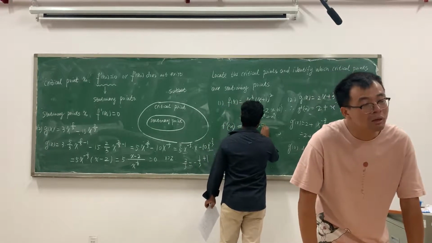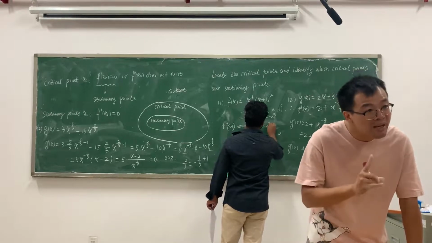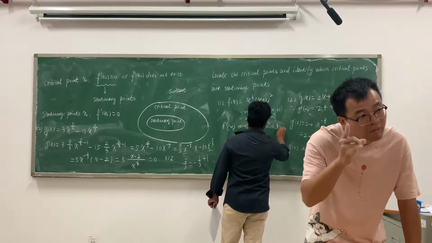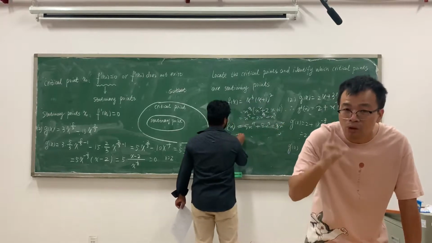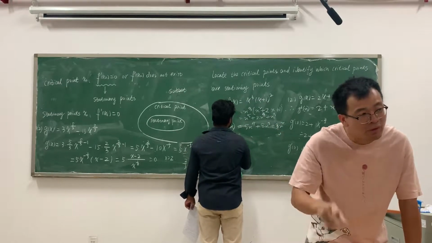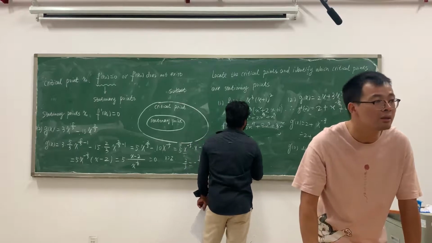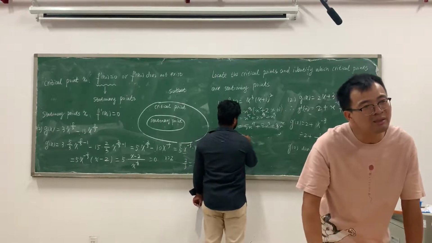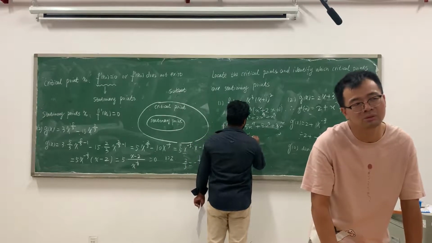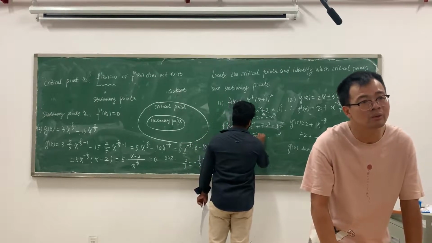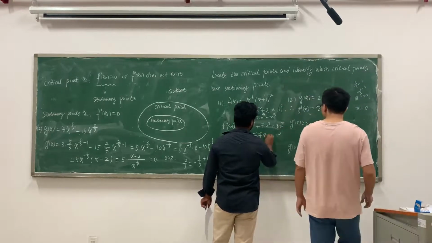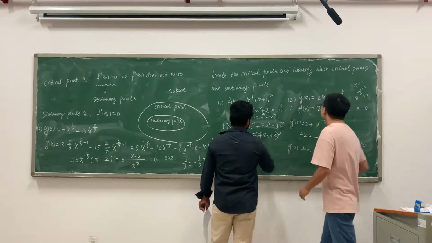The basis is I give you a function, you can compute the derivative. This is important, but most of you cannot get the right answer. Sometimes you can, but sometimes you are not careful.